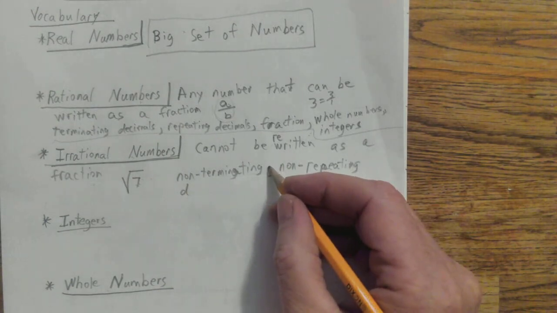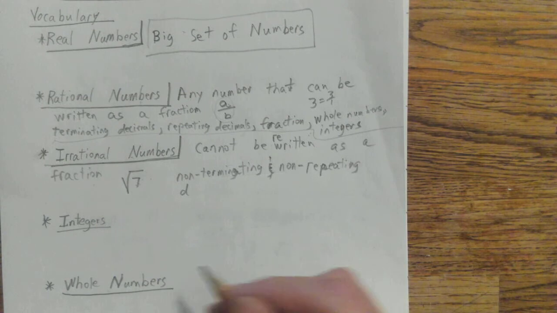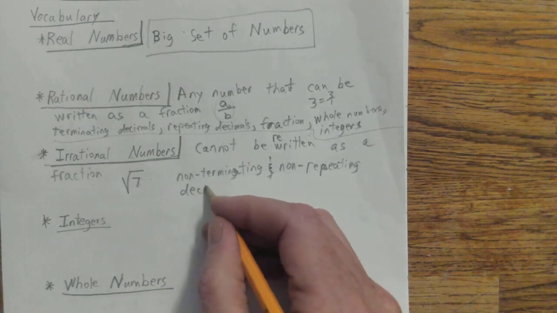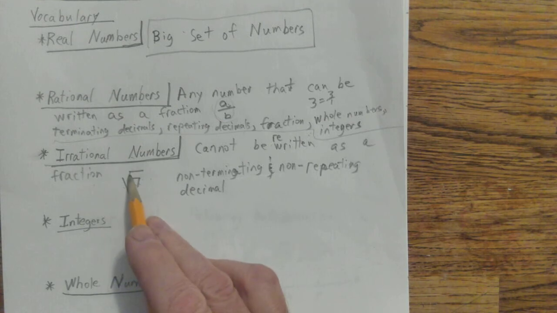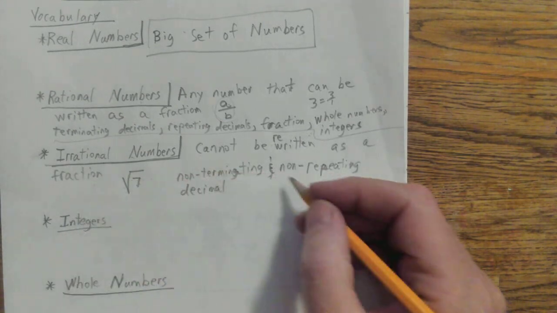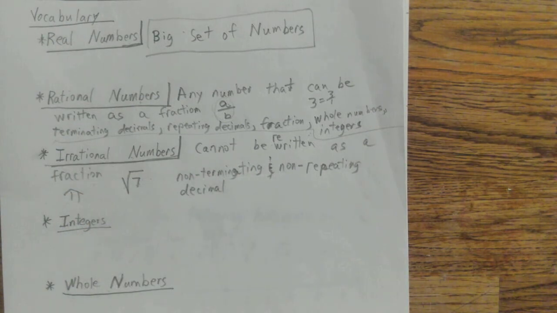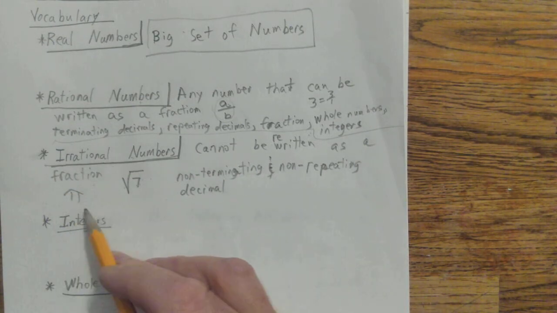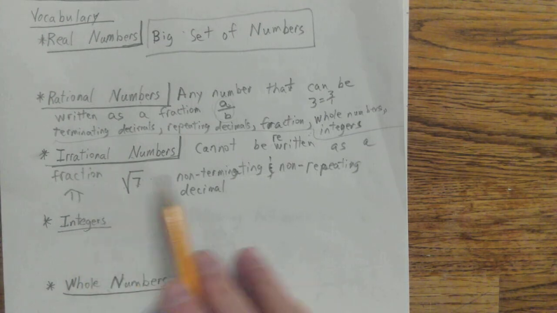Non-terminating, let's write and non-repeating decimal when you change that. So like square root of 7. Now another common one that you learned in your geometry courses is the number pi, the 3.1415. You know you're not going to get to the end of that.